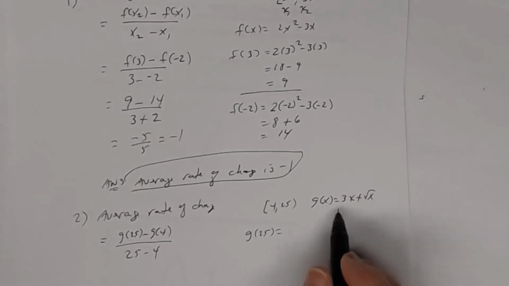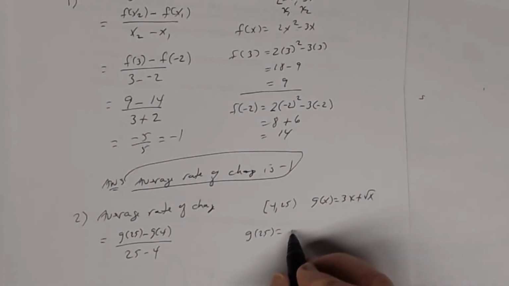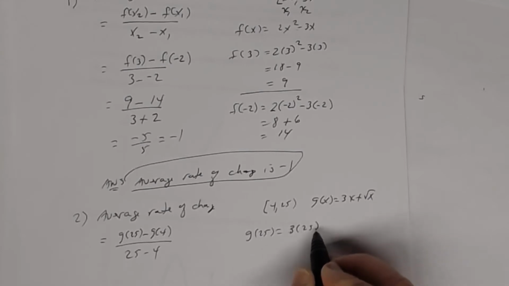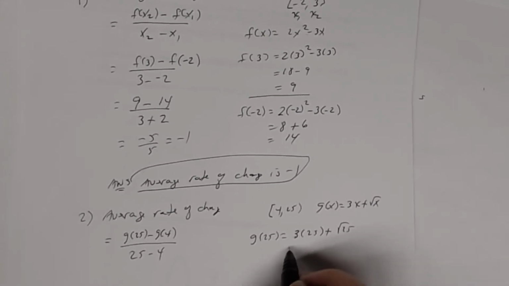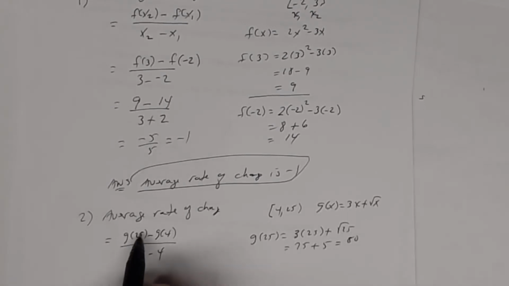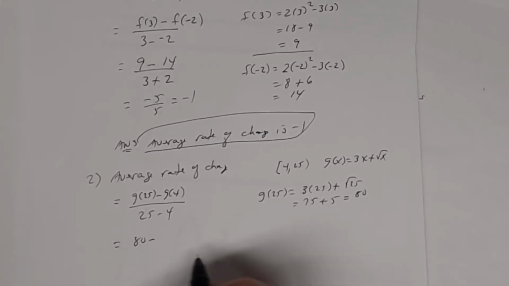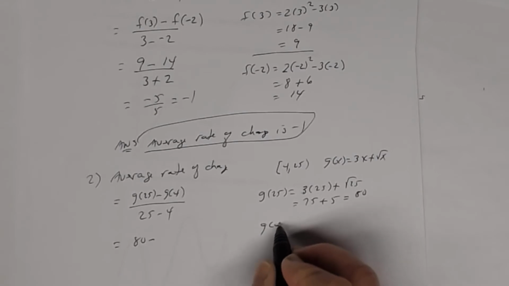In my function g of x, I substitute 25 where I see x. So I get 3 times 25 plus the square root of 25. That's 75, and the square root of 25 is 5, so I get 80. So this value right here is 80. So I get 80 subtract, and then we do the same thing for g of 4.